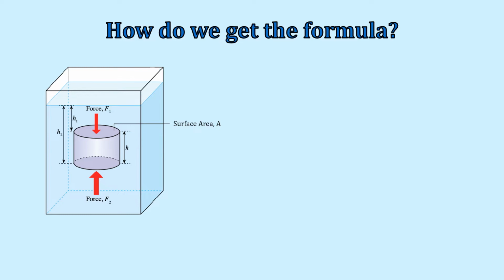The formula for liquid pressure is P equal to h rho g. Based on the diagram, there are two surfaces we need to focus on, the top surface and the bottom surface. Let's focus on the top surface first. We put the pressure on the top surface as P1 equal to h1 rho g.